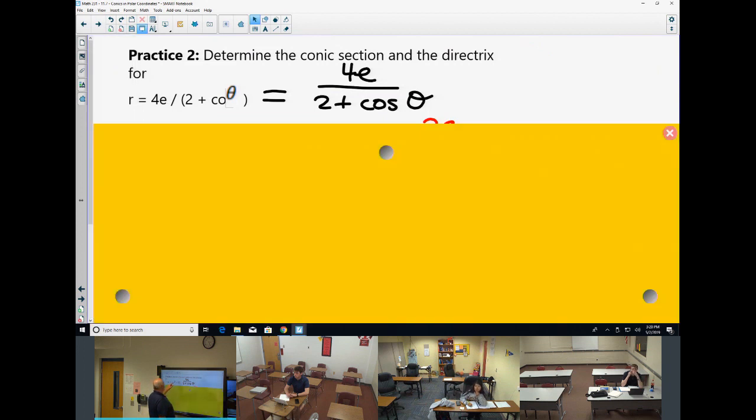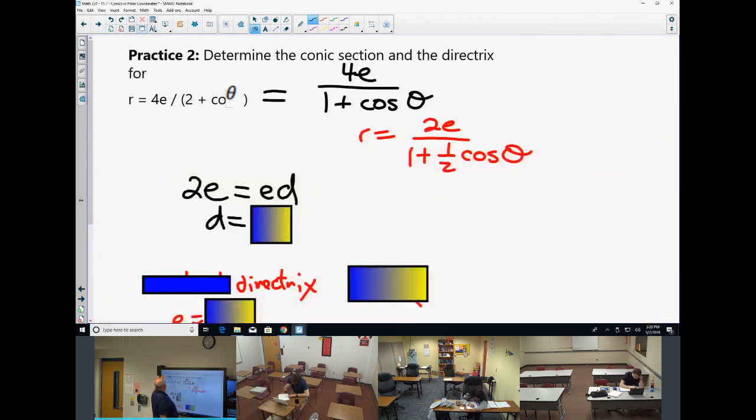Okay, so what I'm going to do is I want you to change this 2 here to a 1. And then I want you to figure everything else out.